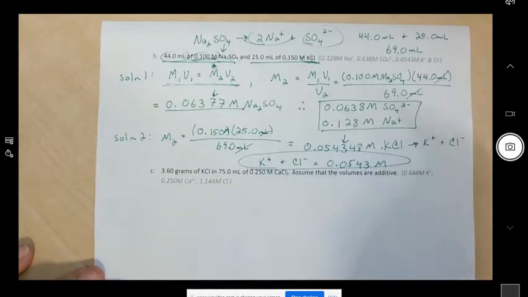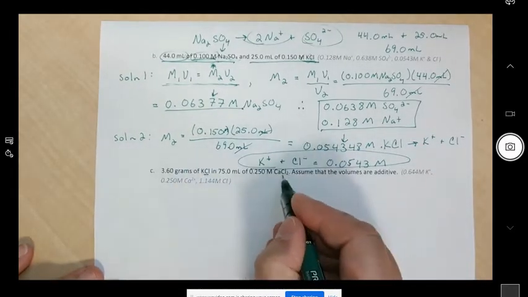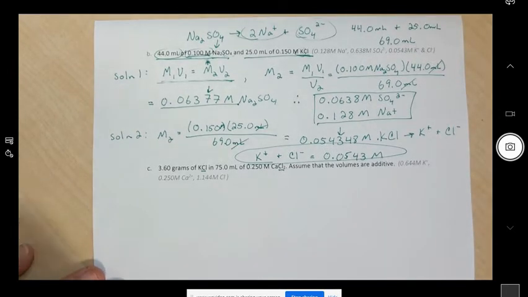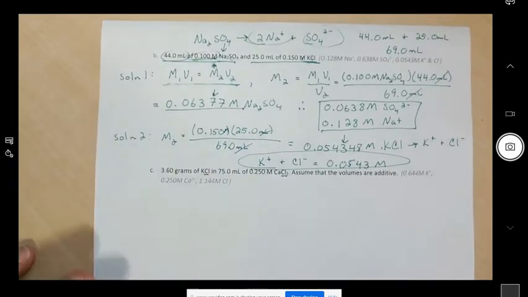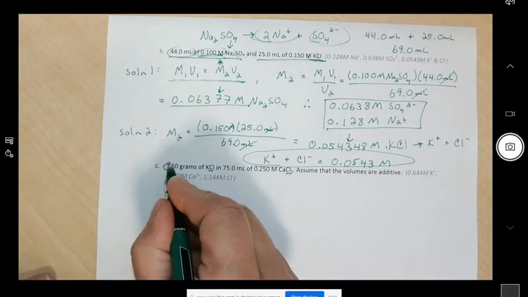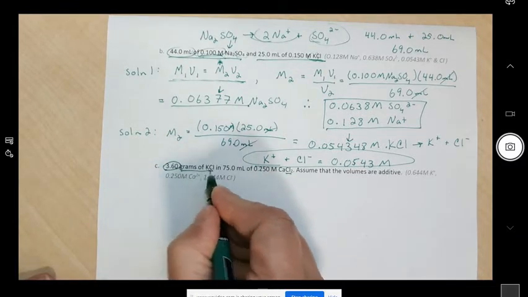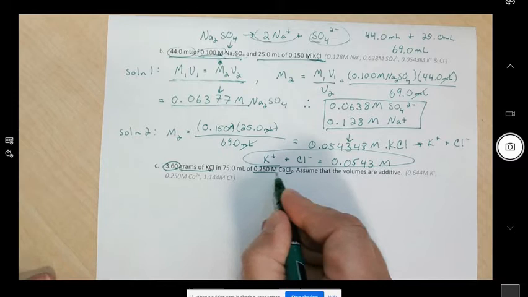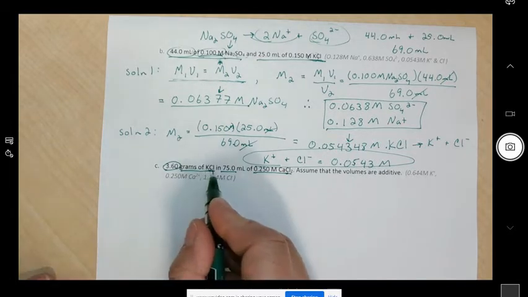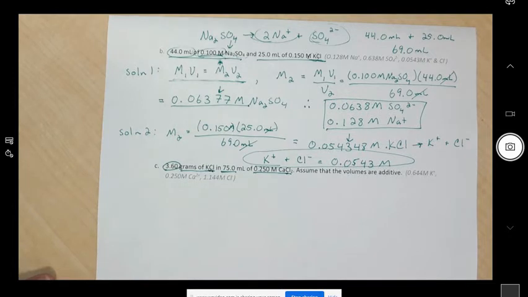Okay, so for this one, we're back to having to look at it a little bit differently because we've got a common ion in here. So one of the things I'm going to do with this one, since I'm really just taking my 3.60 grams of KCl and putting it into a solution that's already made at 75 milliliters, is figure out what my concentration of KCl is going to be in that 75 milliliters.